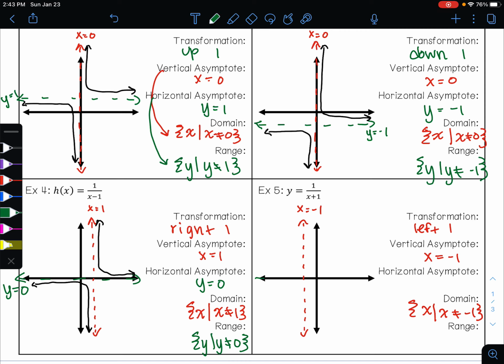Our horizontal asymptote will not be affected, so that will still be at y equals 0, meaning that our range will be all values of y such that y cannot equal 0 because of that asymptote. Our curves are still in quadrants 1 and 3. We get very close to those asymptotes, but we cannot cross or touch them.